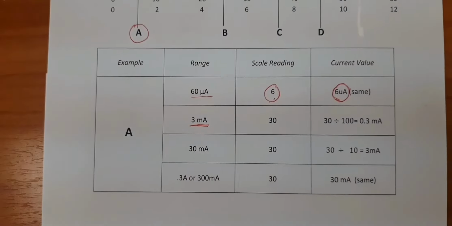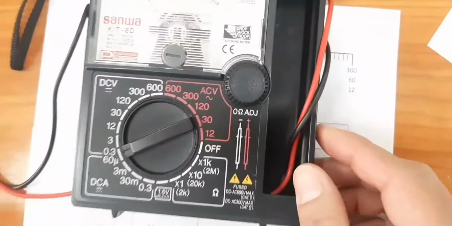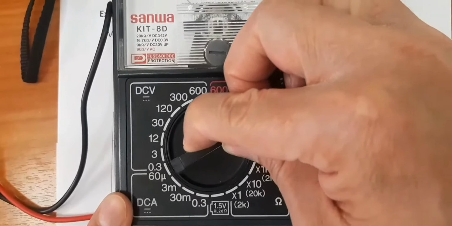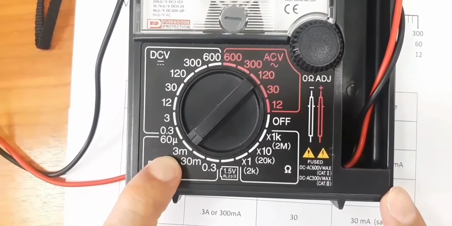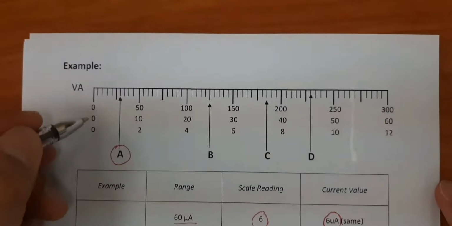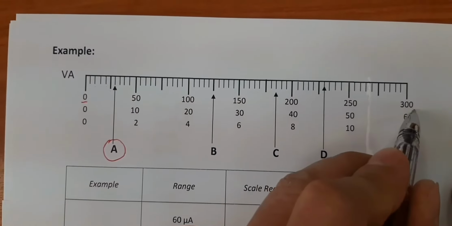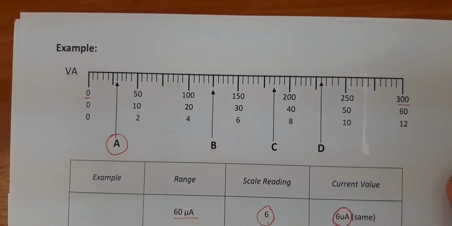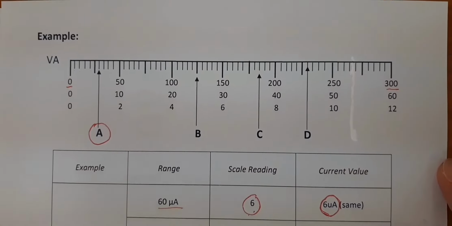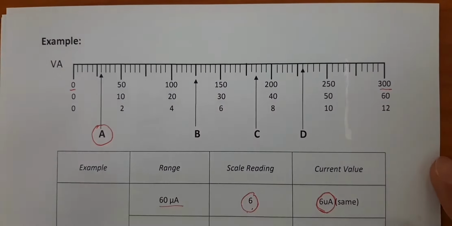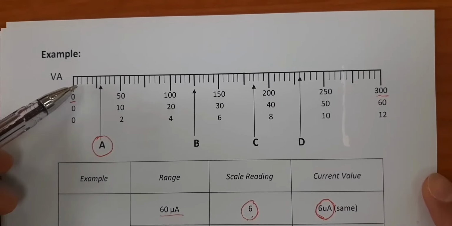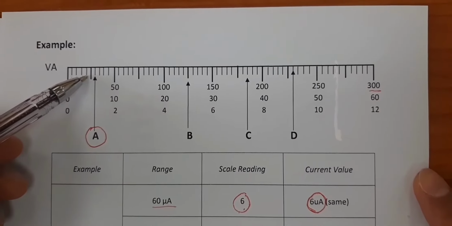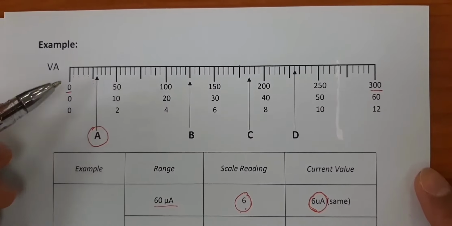Here, we have range 3 milliampere. For range 3 milliampere, we are going to use the scale of 0 to 300, and each line has an equivalent of 5. So this is 5, 10, 15, 20, 25, 30.